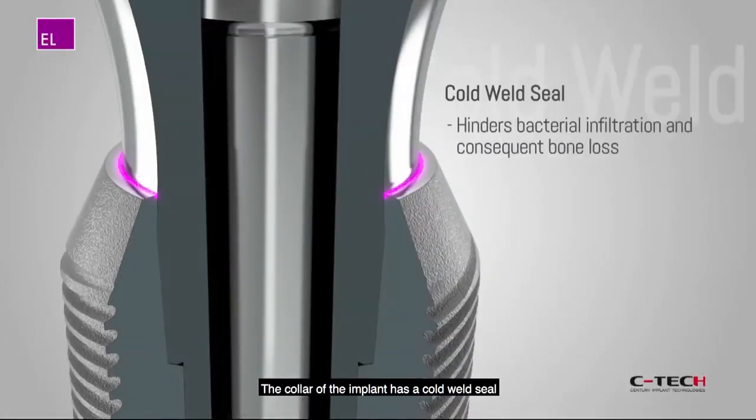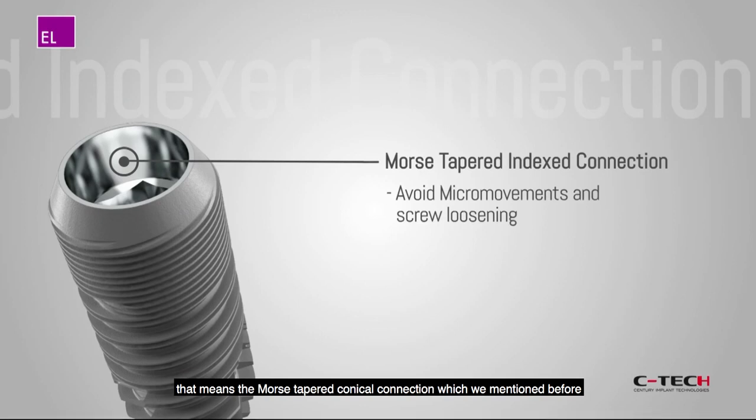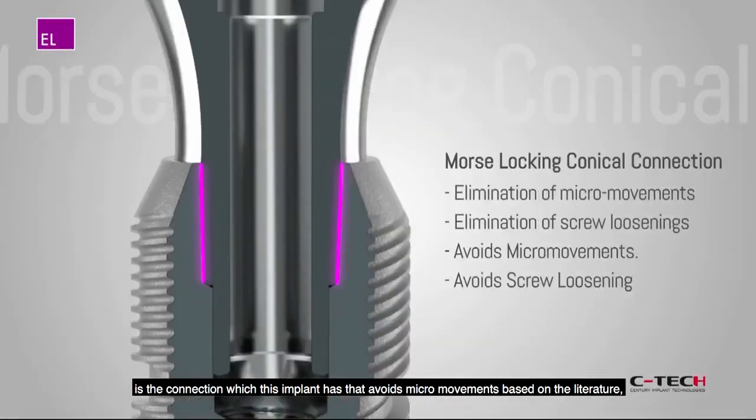The collar of the implant has a cold weld seal. That means the Morse tapered conical connection, which we mentioned before, is the connection which this implant has, which avoids the micro movements. It's all based on literature.